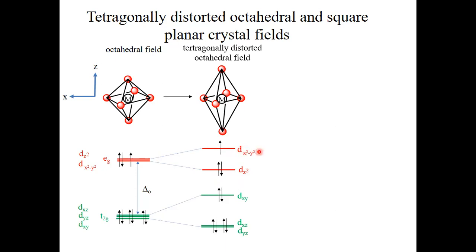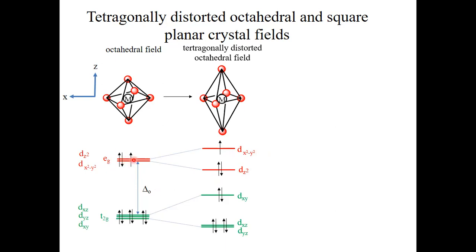Now we can see that we actually have a net stabilization of electron energy due to the distortion. Previously we had these 3 electrons having the same energy, so they were degenerate.